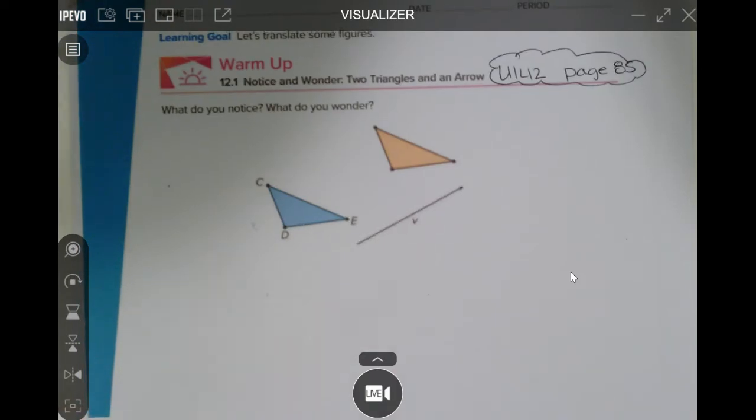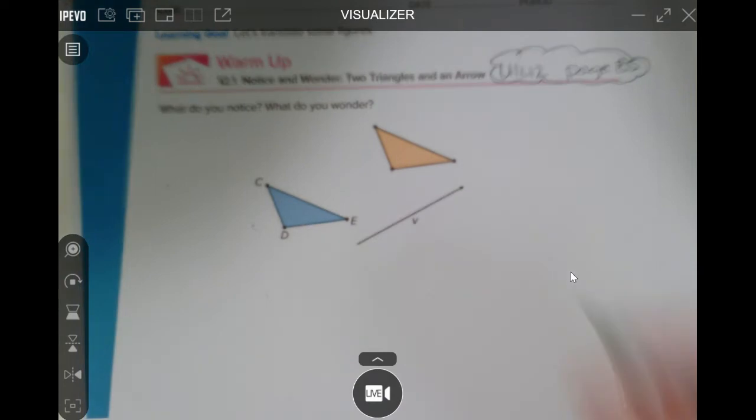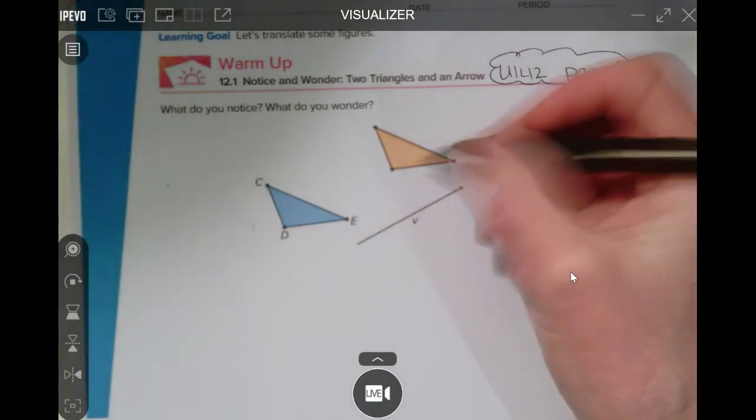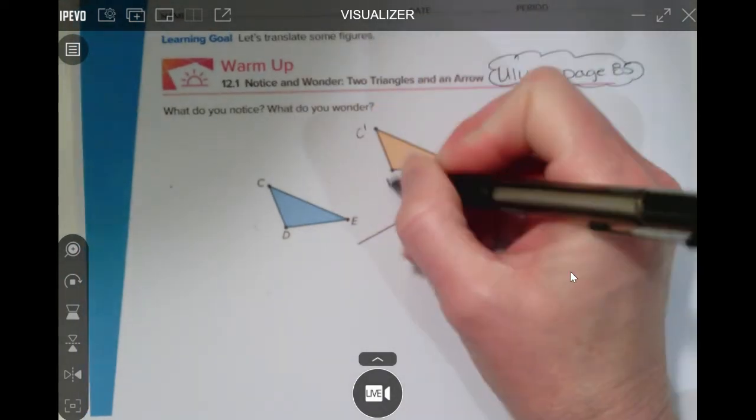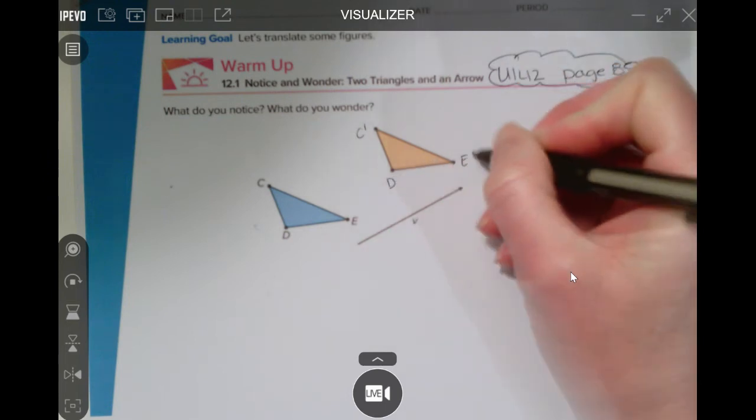We have a blue triangle, CDE, and why don't we mark this orange triangle, C prime, D prime, E prime.